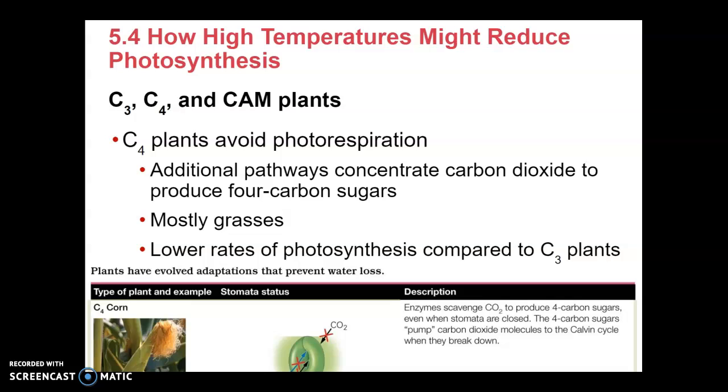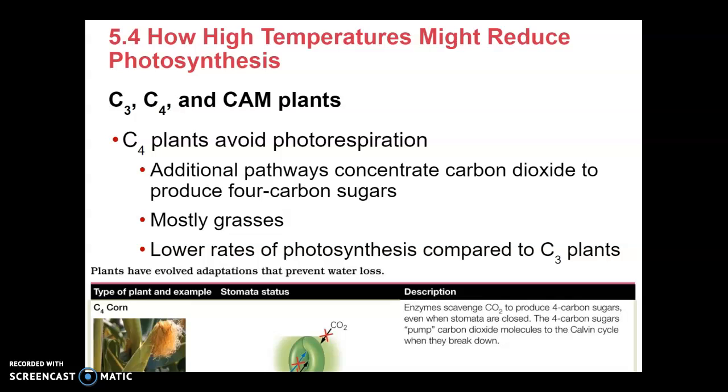So C4 plants avoid photorespiration, and they use a different route to concentrate carbon dioxide and produce 4-carbon sugars. As a summary, C4 plants use a physical separation of fixing carbon and completing the carbon cycle in different locations: the mesophyll cell and the bundle sheath cell.